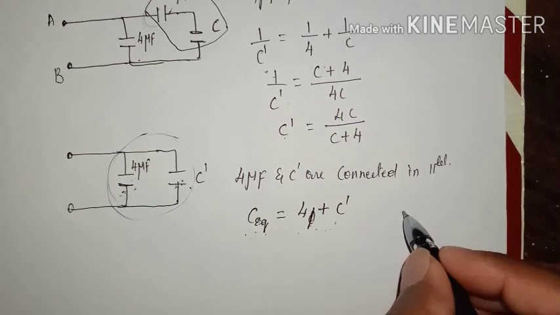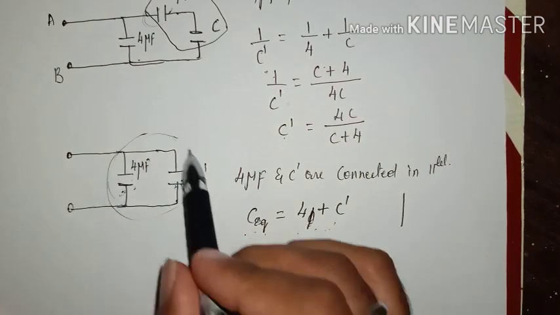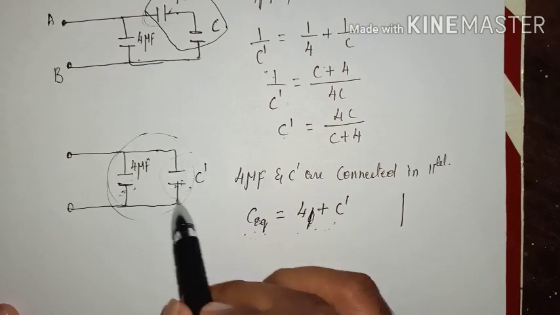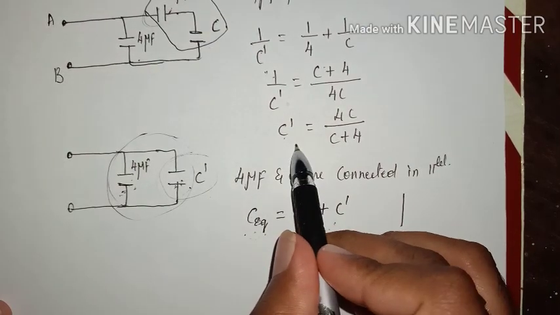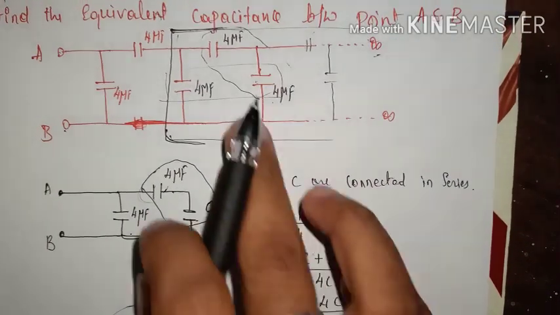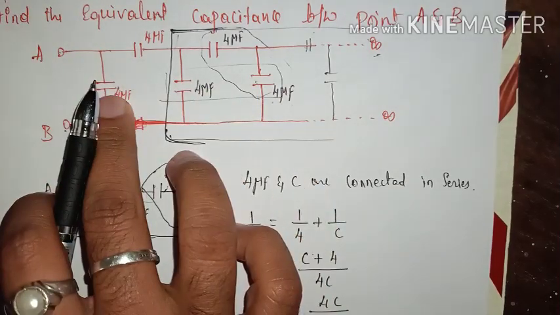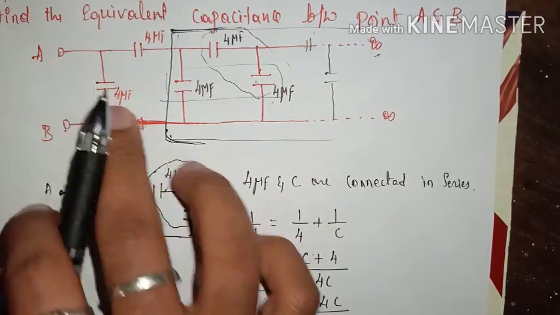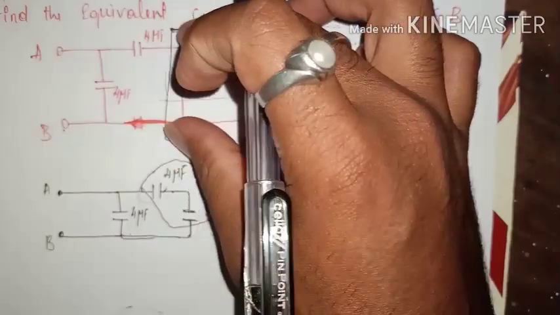Now observe, as I told you before, the equivalent resistance is that C dash. C dash value we already have here. Are we finding much difference here? No, if I add it with this, we don't.